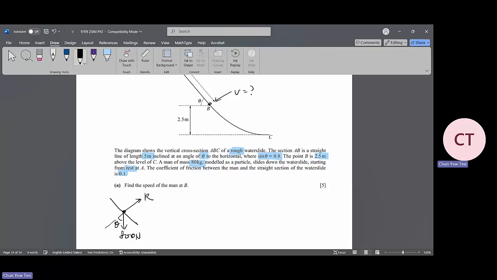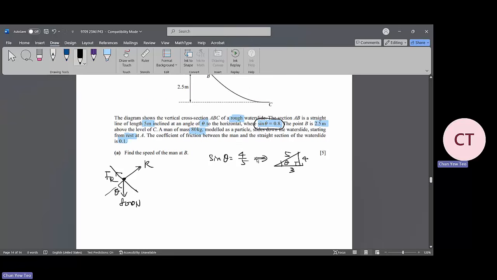This is the normal contact force of the man. And this is the frictional force, Fr. Okay, first of all, they give you sine theta is equal to 0.8. We just write the sine theta. 0.8 means it's 4 over 5. From here, we build the small right angle triangle so that it's easier for us to do the calculation.